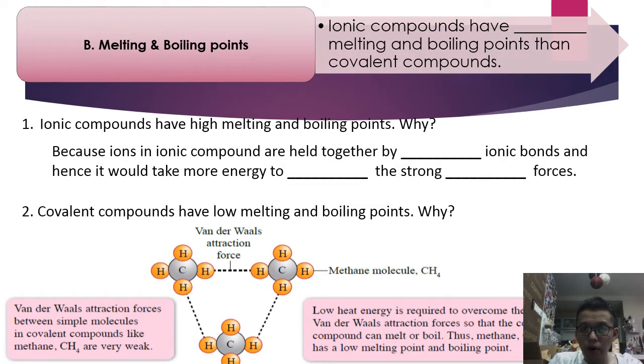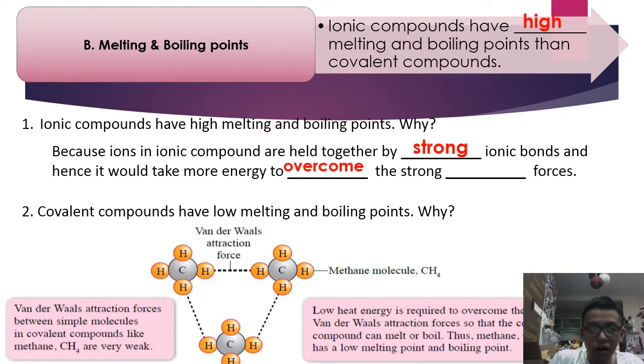Melting and boiling point. Ionic compounds have higher melting and boiling points compared with covalent compounds. Why? Because ionic compounds are held together by very strong ionic bonds, so it takes more energy to overcome the strong electrostatic force.